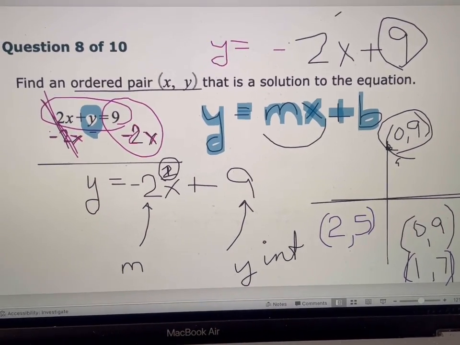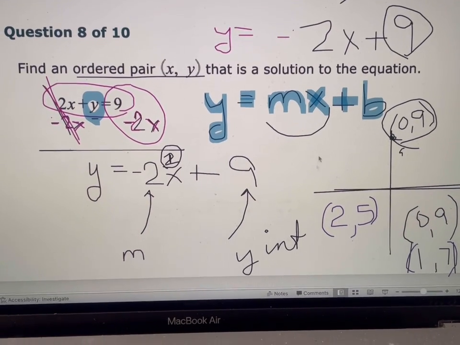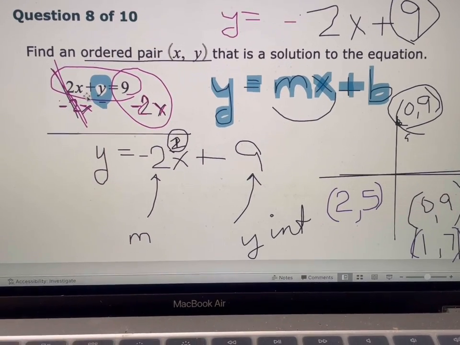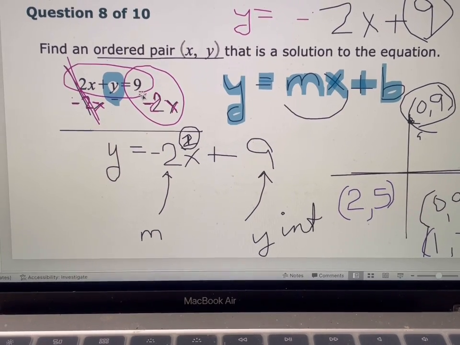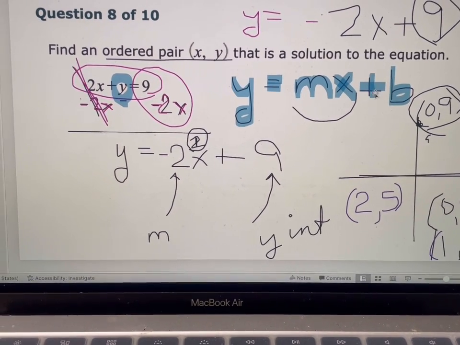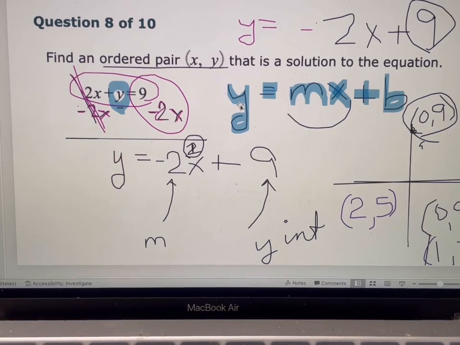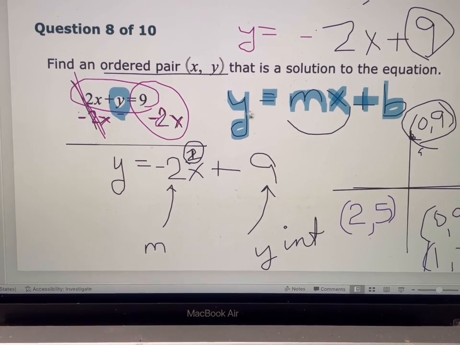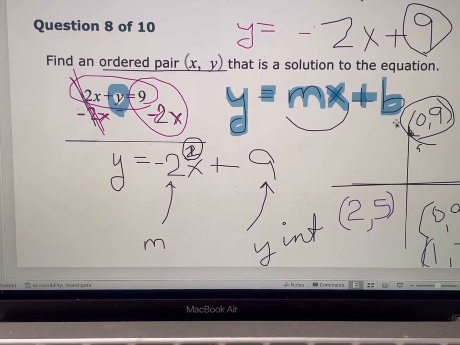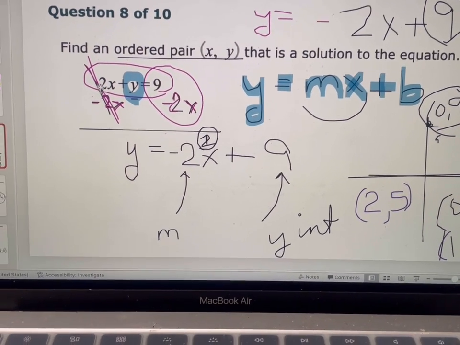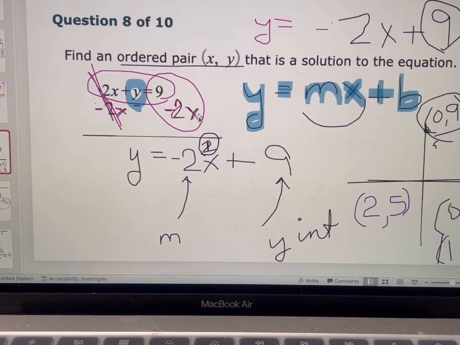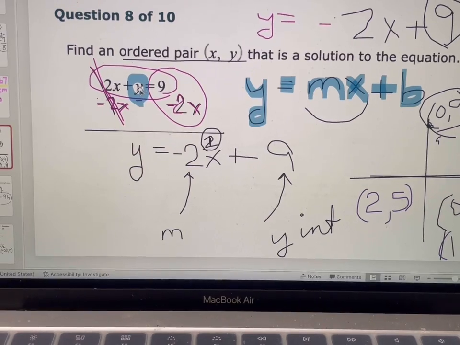Find an ordered pair on number 8 that is a solution to the equation. Now this is a line. 2x minus y equals 9 is a line because it can be put in slope-intercept form, y equals mx plus b. To get this equation into this form, all we have to do is get rid of the 2x on both sides so that we get y by itself.